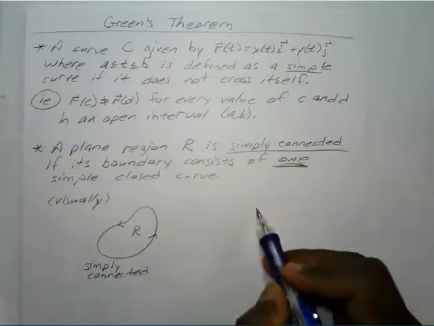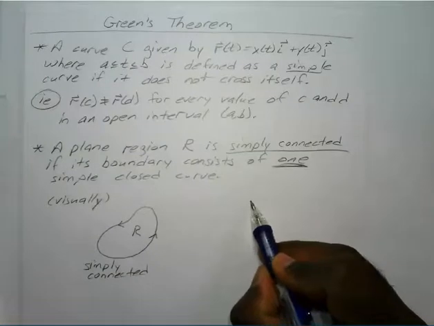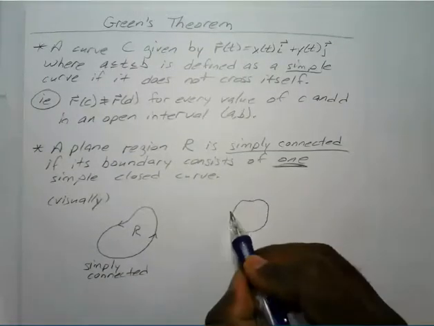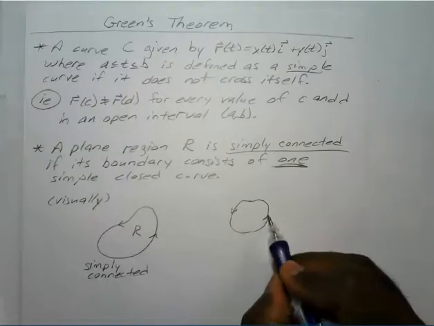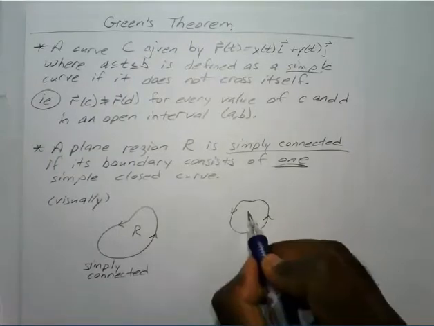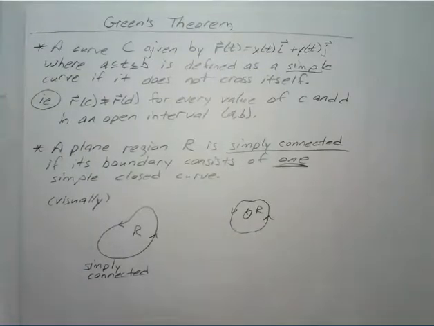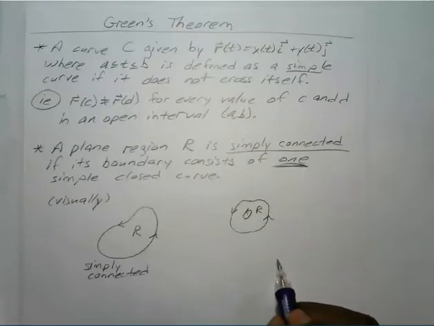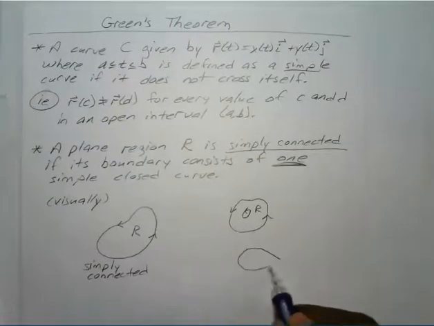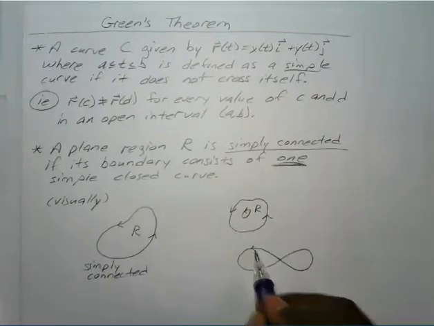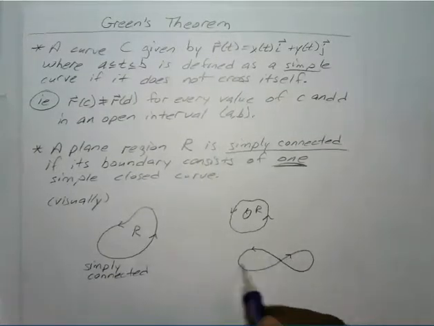Okay. But if you have a curve that, let's say, looks like this, and again it's going counterclockwise, and let's say it has a hole right here, where that's your region. Or let's say if you have one that kind of looks like this, where of course it's going counterclockwise, so it's going like that.